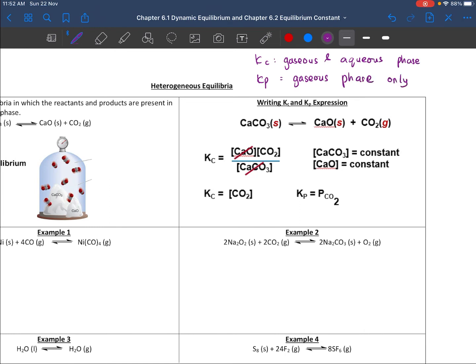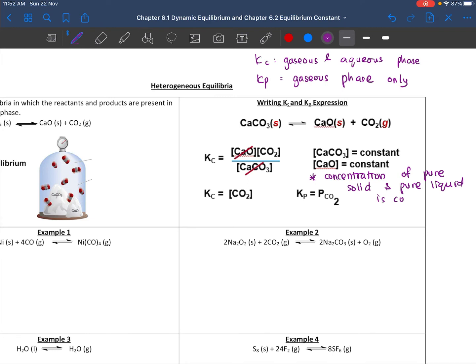Alright. So, dekat sini kenapa dia letak rule macam ni? Sebab concentration of pure solid and pure liquid adalah constant.